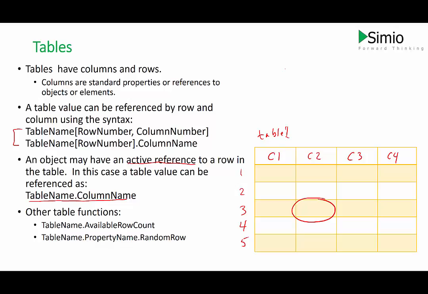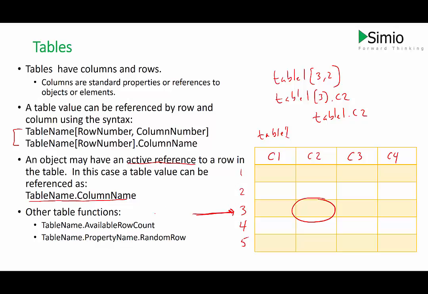Then we can reference that particular element by Table1[3,2] or Table1[3].C2. Both of these will directly access this. Or if we've set a reference, so if we for example have an entity and we set a reference to the row, then we simply access it by Table1.C2, and the table reference itself will handle determining the row number. We'll see examples of these as we move forward through the video.